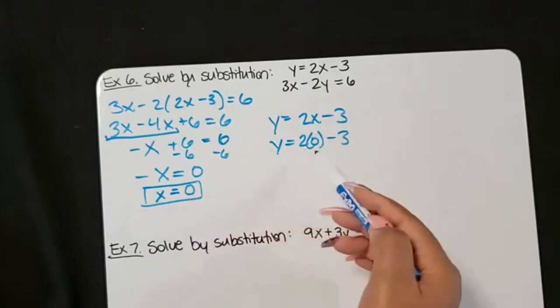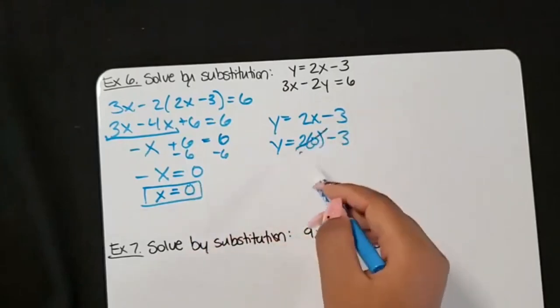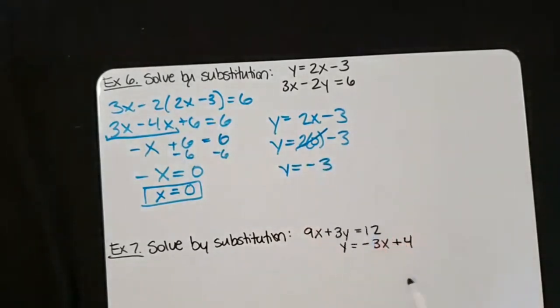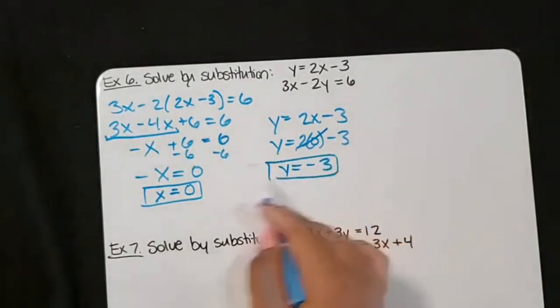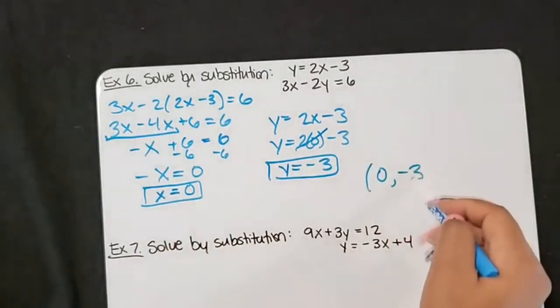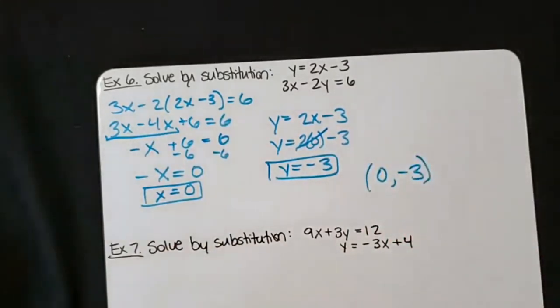So when we plug that 0 in for x, we get y equals negative 3. So because we have an x and we have a y, our answer is 0, negative 3.